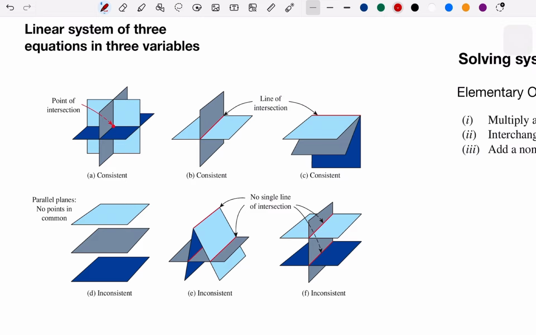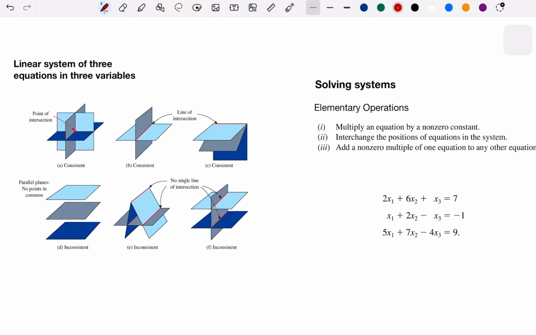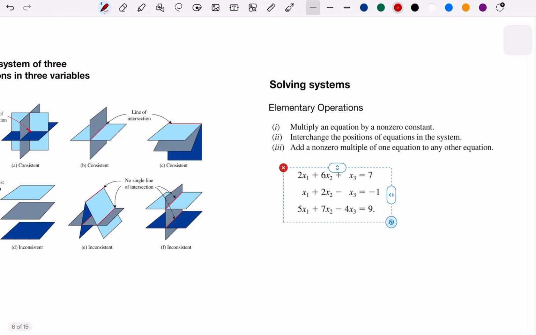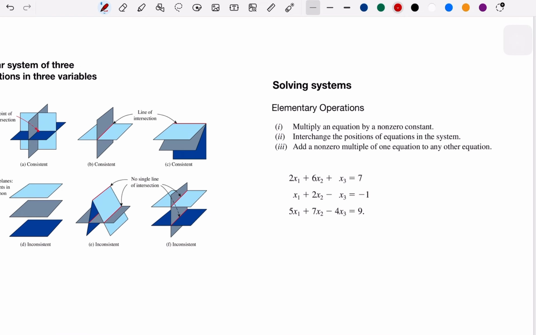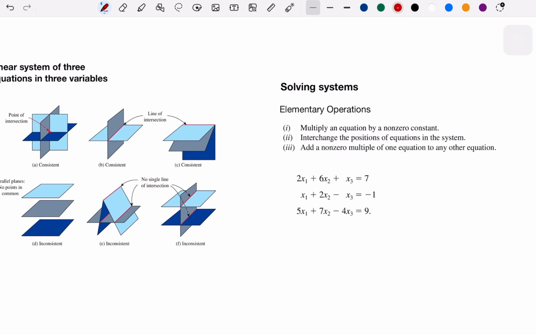There are several procedures to compute. Basically, there are 3 operations. This is a word description, but I think it will be better if we just do the computation. Number 1, you can multiply the equation by any non-zero constant.